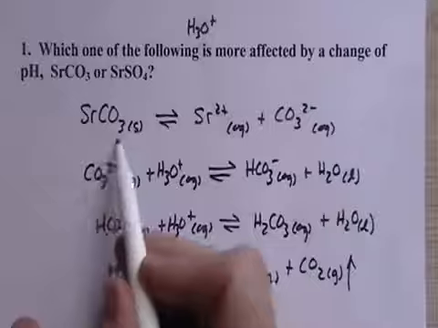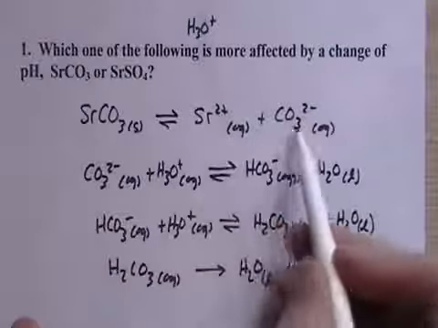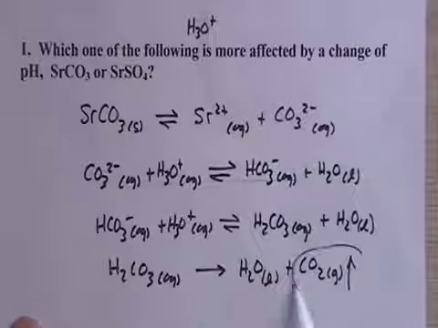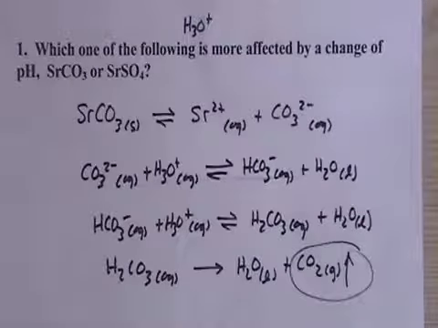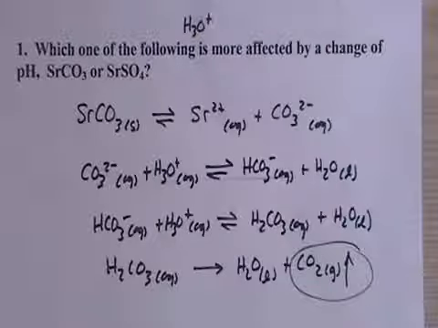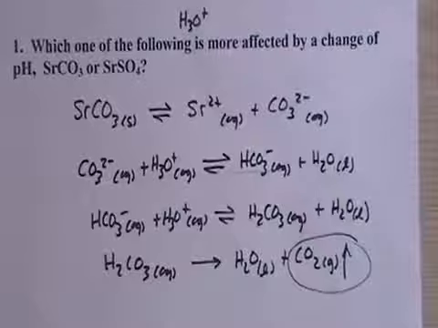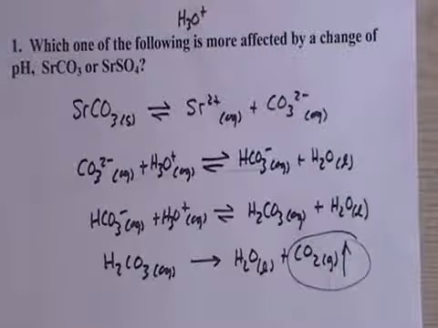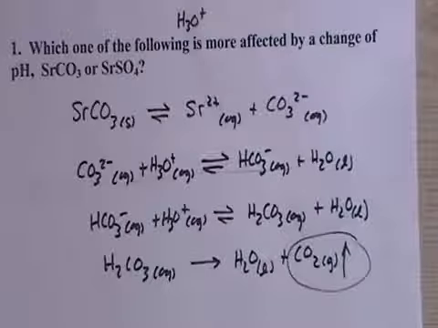So the strontium carbonate, the strontium doesn't do anything, but the carbonate can go on for 3 more steps, and then you create CO2. And you may have seen this where you take an acid and any kind of chalk or a baking powder or baking soda. If you took vinegar and baking soda, it bubbles up.